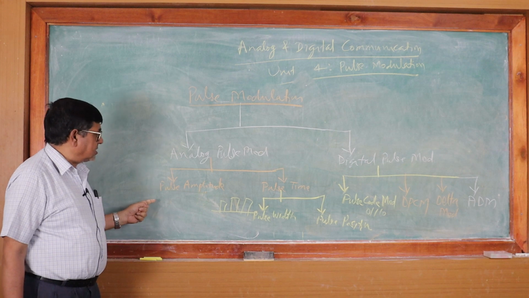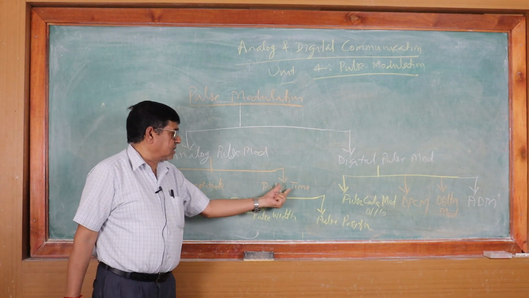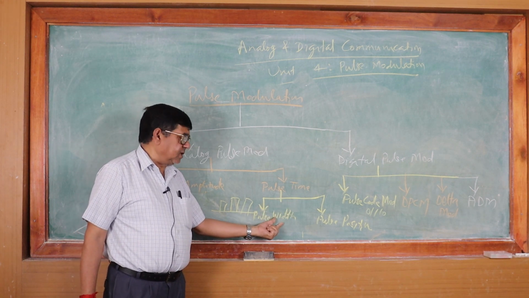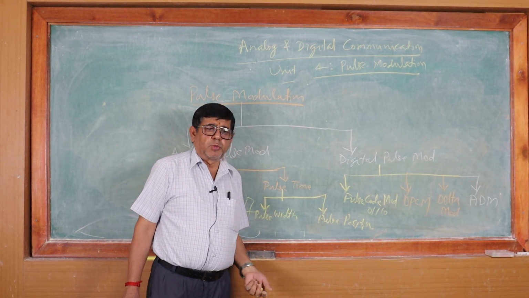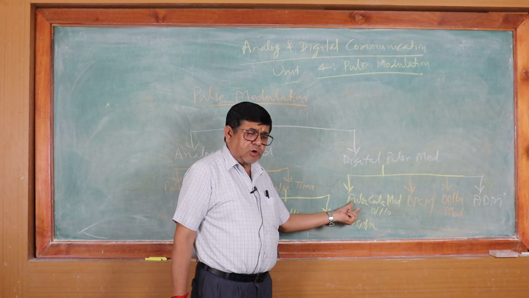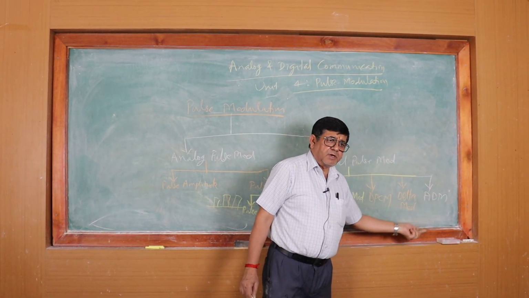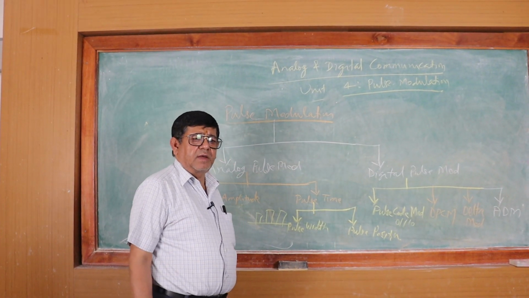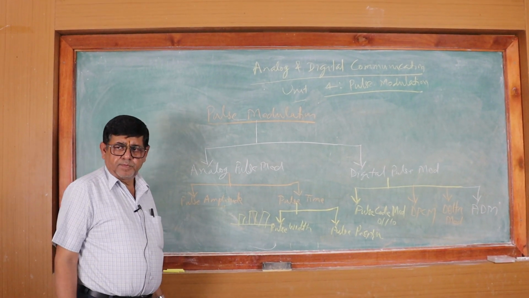In analog pulse modulation, we have mainly two types: pulse amplitude modulation and pulse time modulation. Pulse time modulation is further divided into pulse width or pulse duration modulation, and pulse position modulation. Similarly, in digital pulse modulation, we have pulse code modulation, differential pulse code modulation, delta modulation, adaptive delta modulation, and many more, because each has some disadvantage, and that is why we use another one.